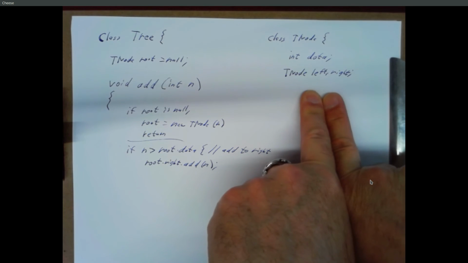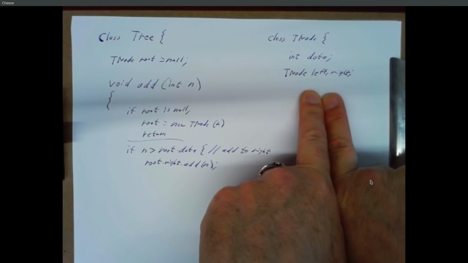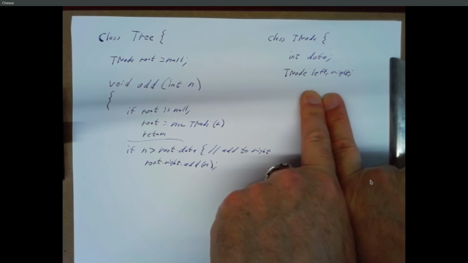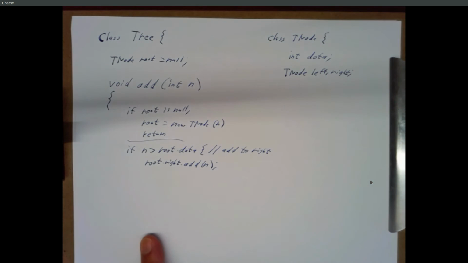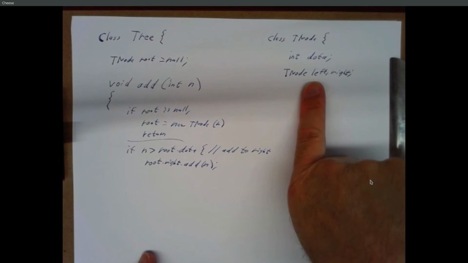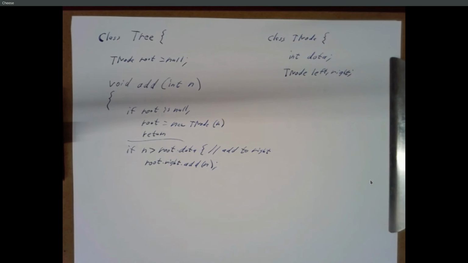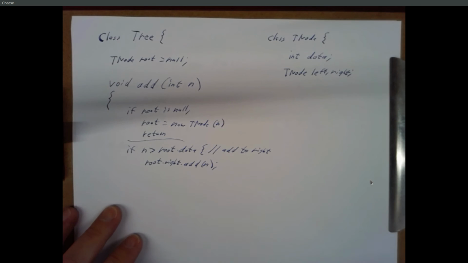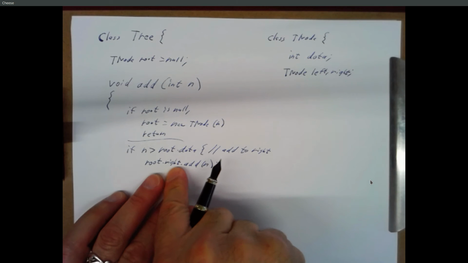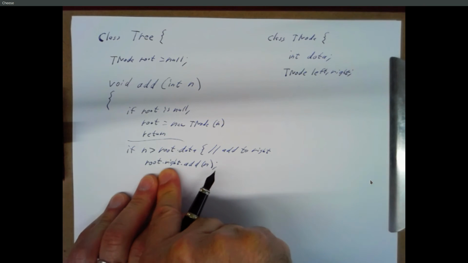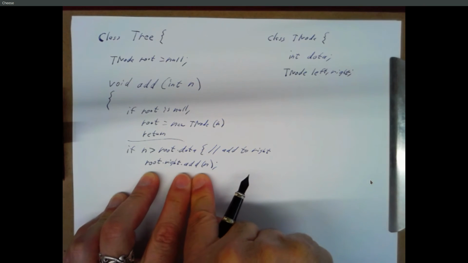So we're actually going to have two add methods, and two search methods, and two delete methods, and two traverse methods. We're going to have a set of methods inside our tree class which are really just wrappers which call the t node methods on the root. This is a little weird, but it gets better. So if n is bigger than the root node's data, let's take the right node of root and call its add method.